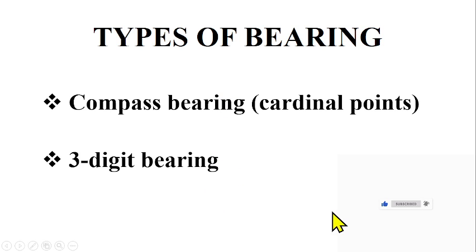We are going to discuss these two types extensively in this video, and also how we can convert from compass to three-digit and from three-digit to compass bearing, in case of objective questions. So let's start with compass bearing now.